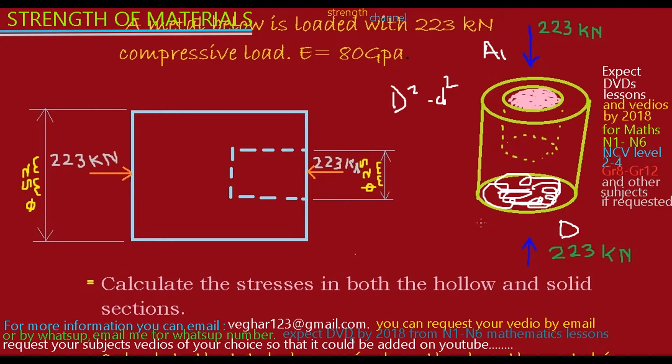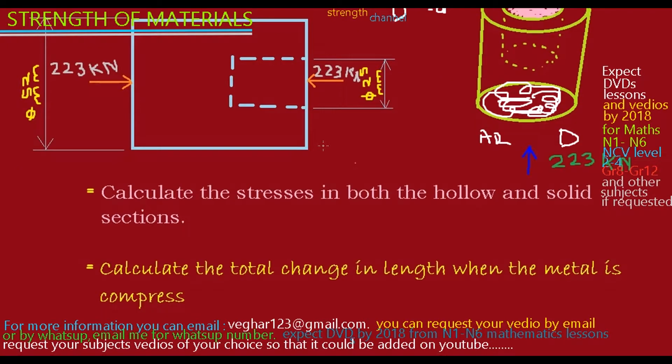This is a different area. So the force is the same, but the area is not the same, so the stress will be different. So the compression and everything, we'll check what is required to calculate.